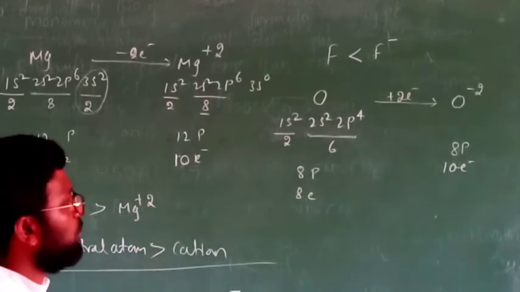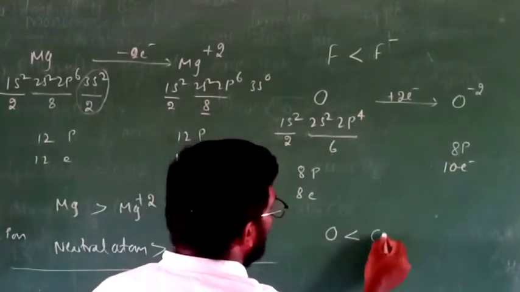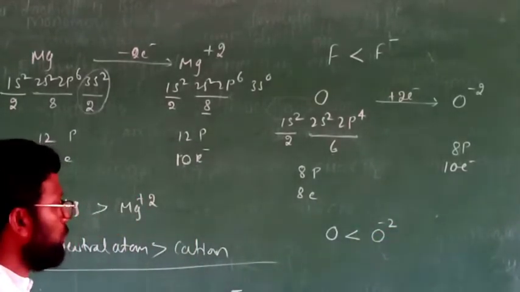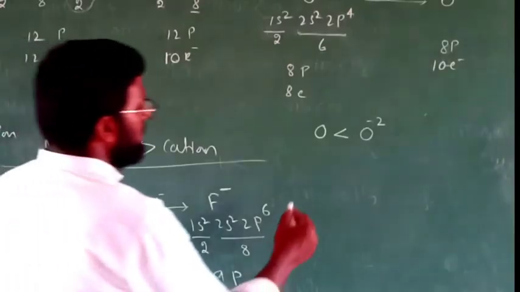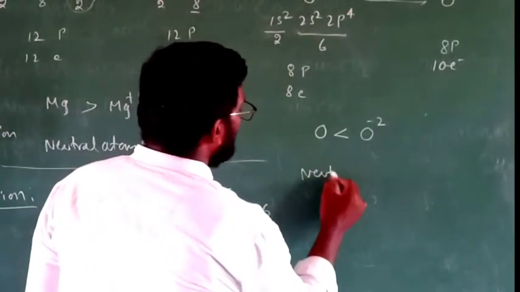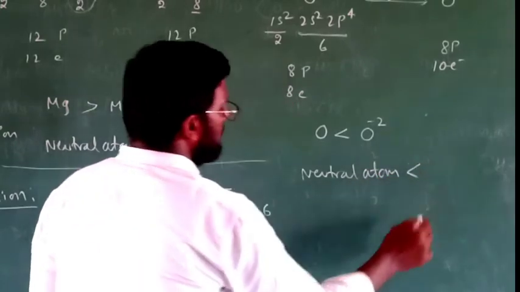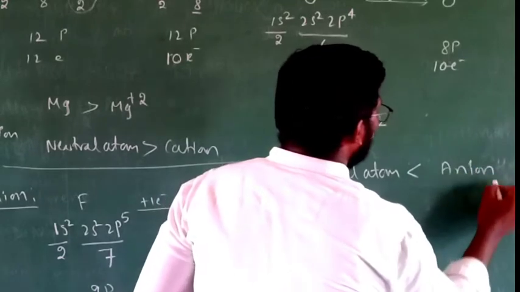So the size of the oxygen neutral atom is less than its di-negative ion. From these two examples, what we can conclude is that the size of a neutral atom is always less than the size of its anion.